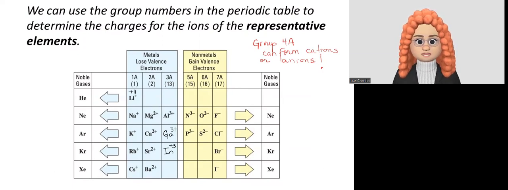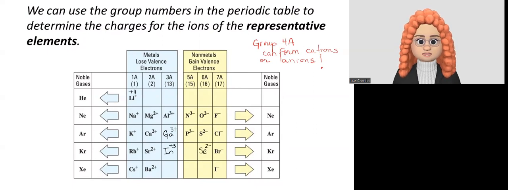So in 5A, you guys are only responsible for knowing how nitrogen can gain 3 electrons, how phosphorus can gain 3 electrons. From group 6A, you can see how oxygen can gain 2 electrons, sulfur can gain 2 electrons, selenium, which is not illustrated here, can also gain 2 electrons.